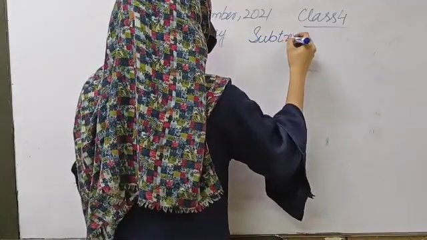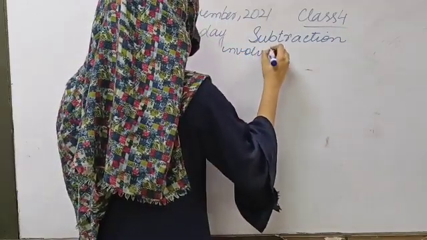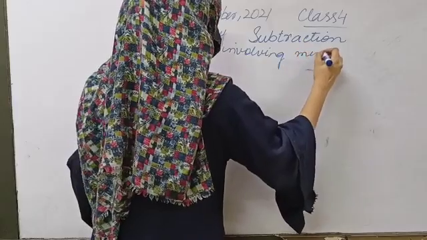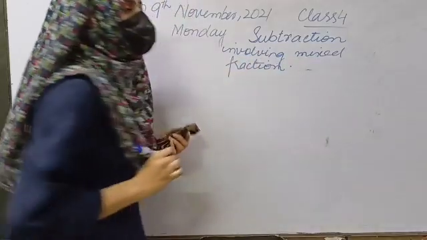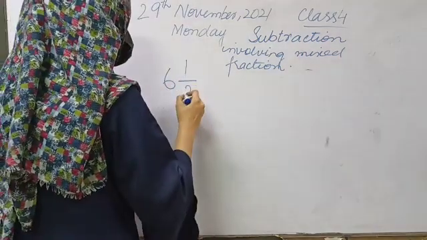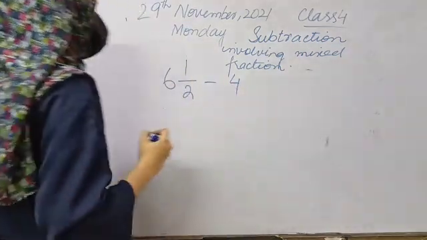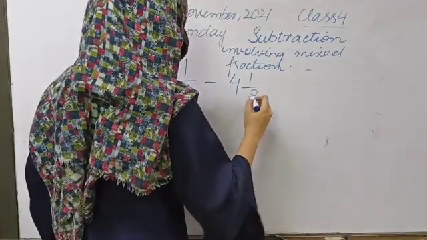Subtraction involving mixed fraction. We have the first mixed fraction is 6 1 by 2. 6 1 by 2 minus 4 1 by 8. 4 1 by 8.